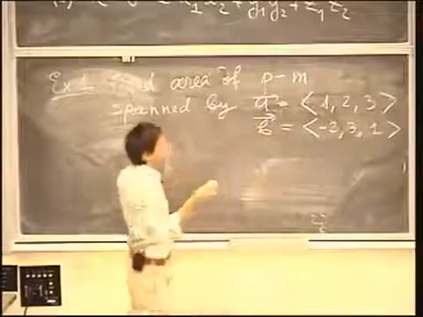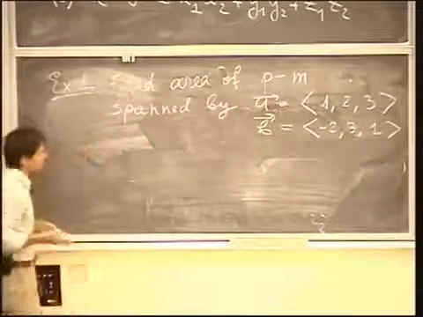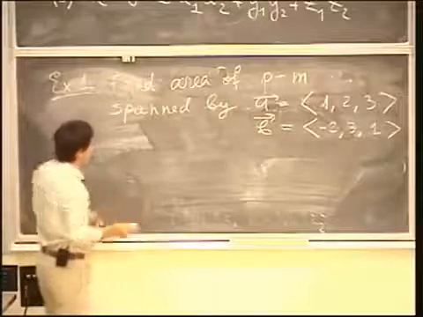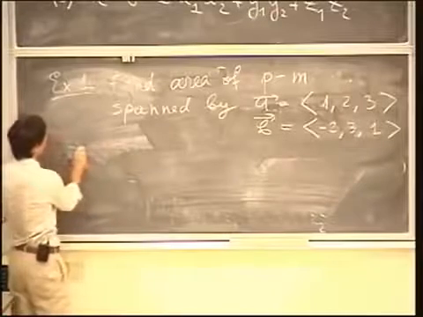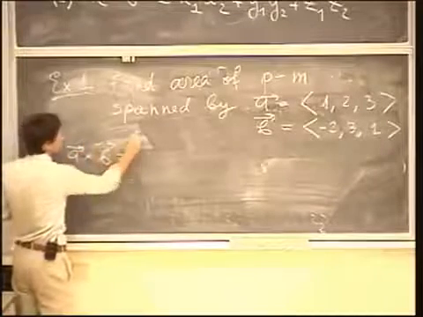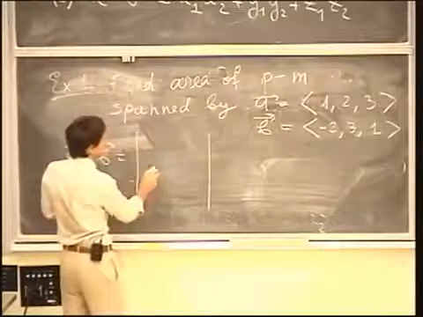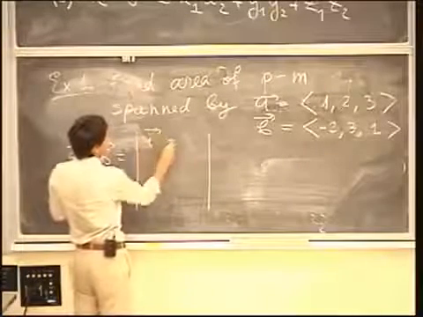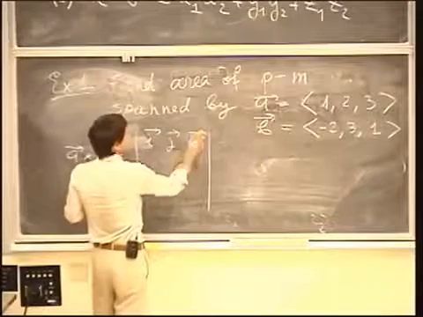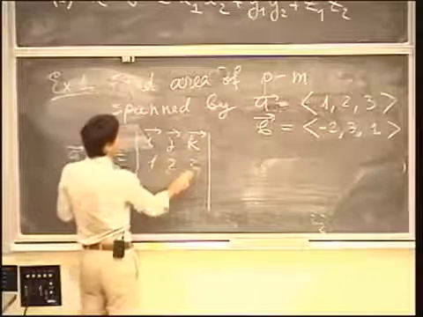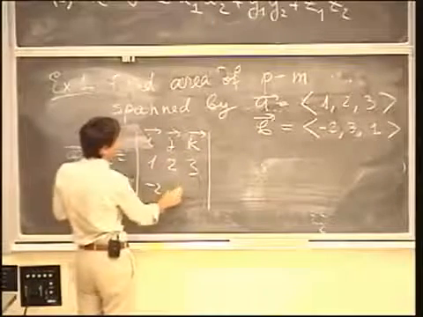Okay? Just random numbers. Very easy. So first of all, we calculate the cross product between these two vectors by using this formula. So we put i, j, k, 1, 2, 3, -2, 3, 1.